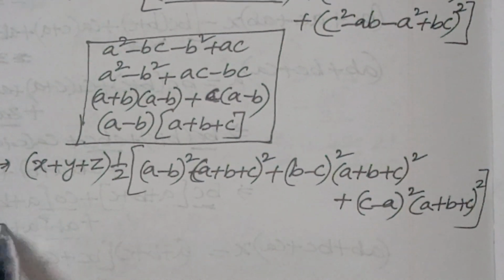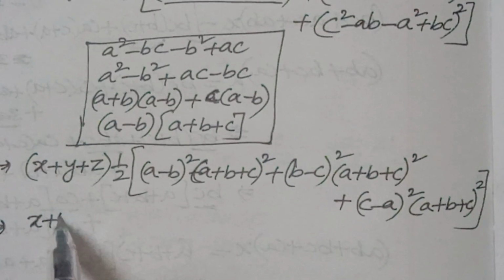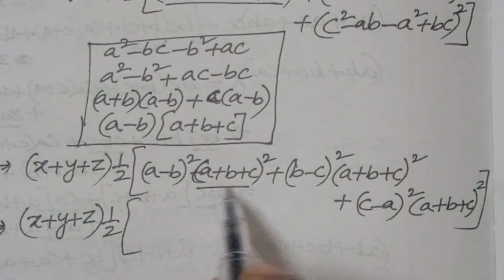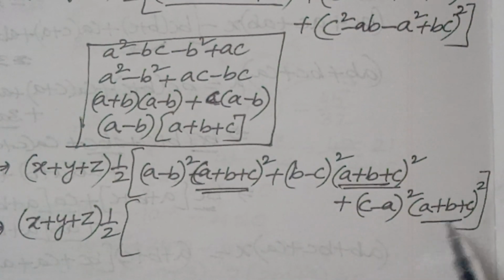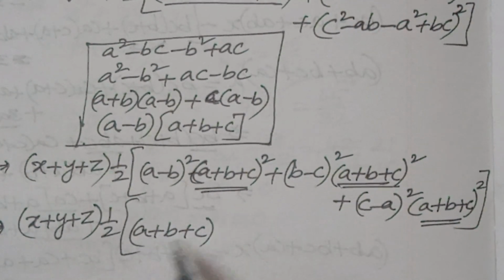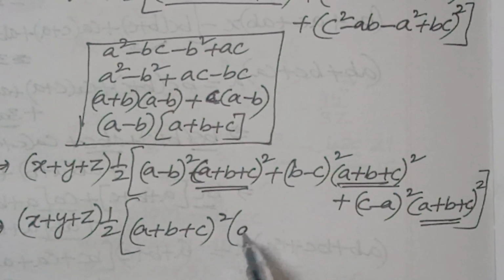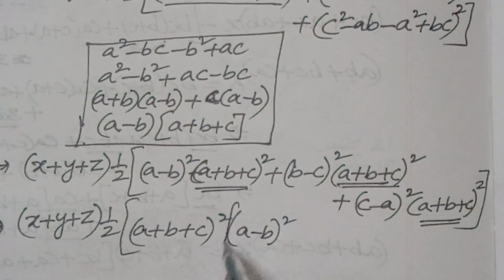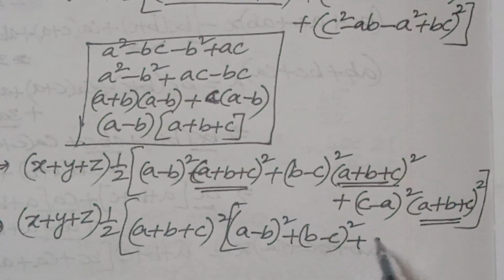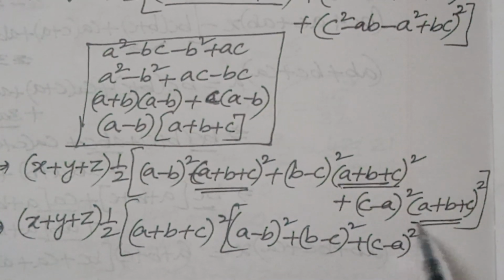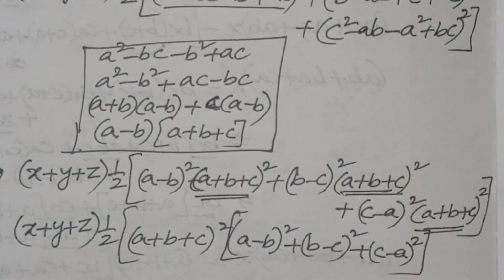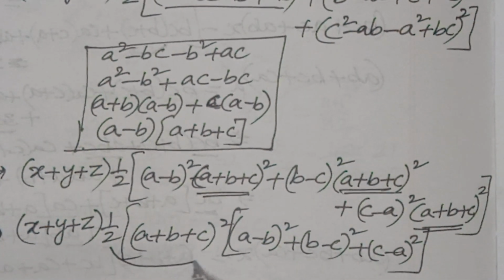So here x plus y plus z into 1 by 2 of, here a plus b plus c whole square is common now. So I am writing a plus b plus c whole square into a minus b whole square plus b minus c whole square plus c minus a whole square. After writing this, sending 1 by 2 that side.